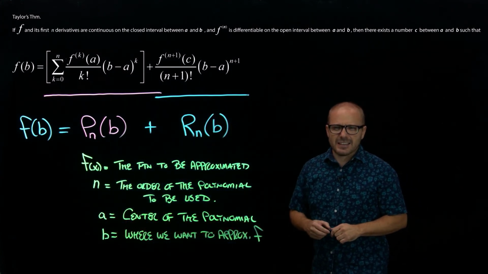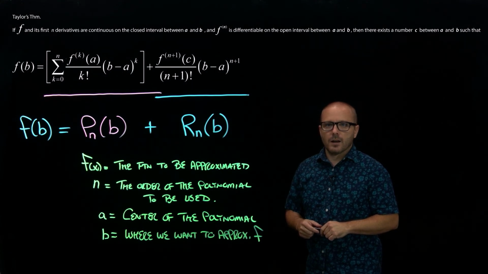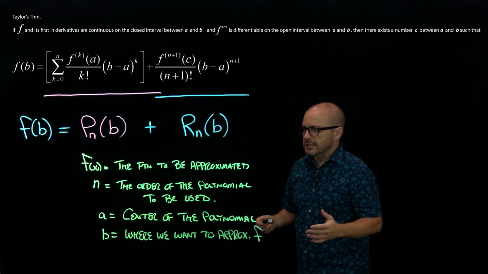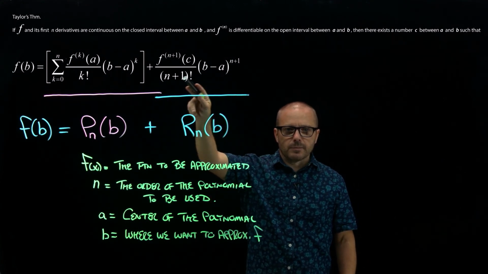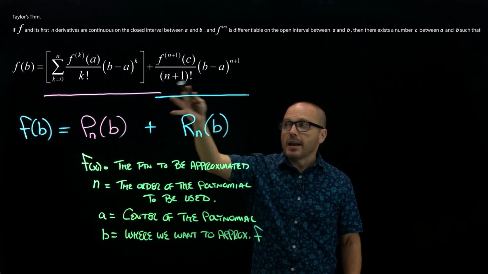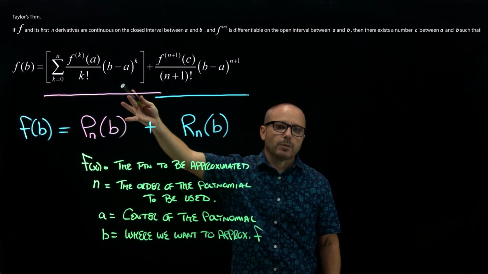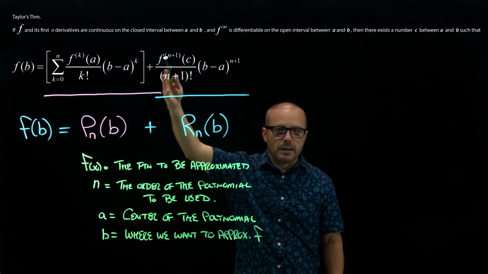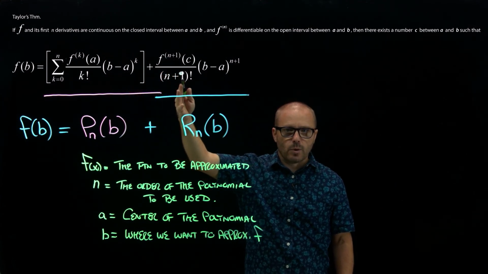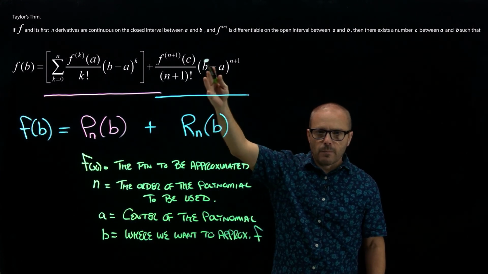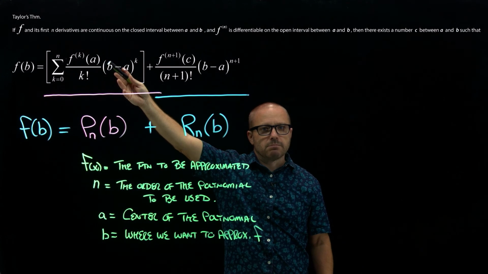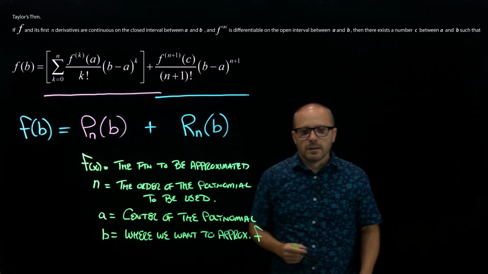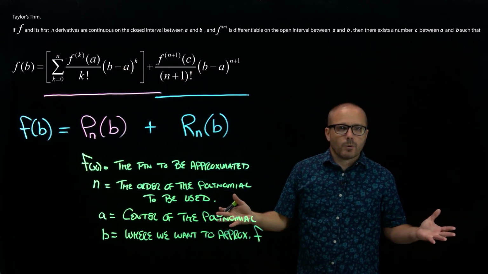Now the very last thing in here is c. If you look here, this error term looks a lot like it would just be the next term in that polynomial, right? It's got the next derivative over that factorial, b minus a to the n. But that derivative is being evaluated not at a, like we would in the normal, but at c. And we don't know what c is.